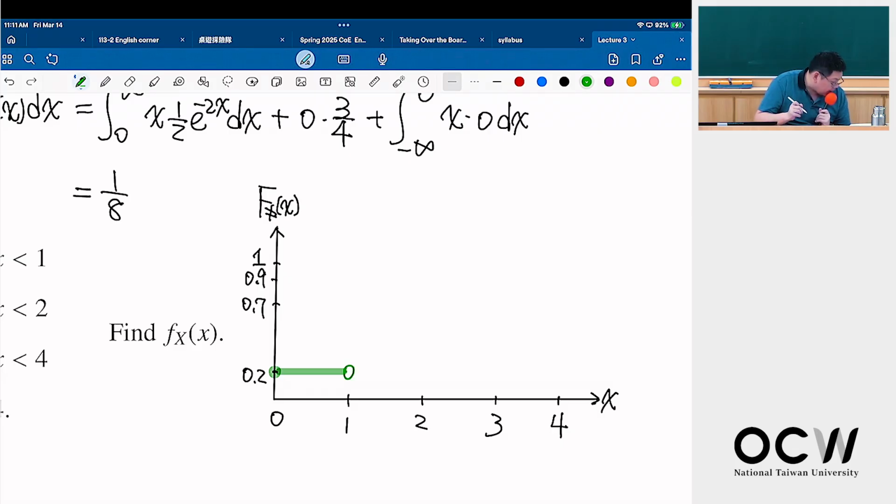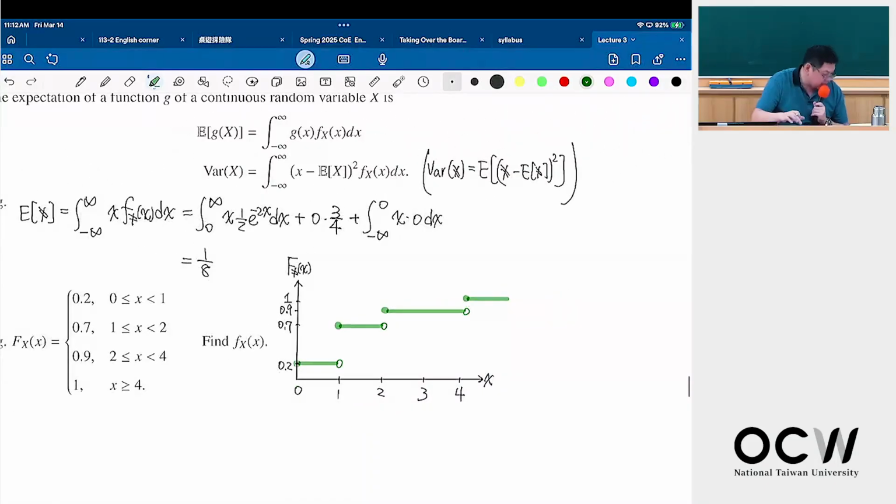And from 1 to 2, that'll be 0.7. 2 to 4 will be 0.9. And after greater than 4, I have 1.